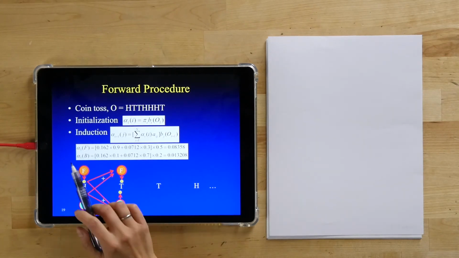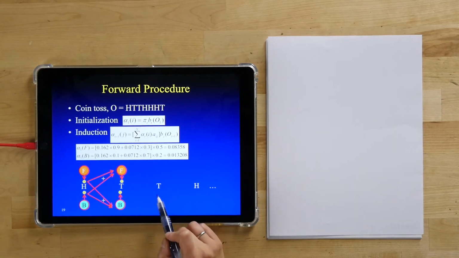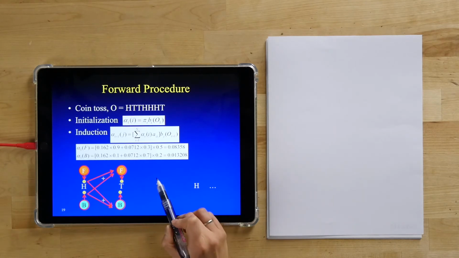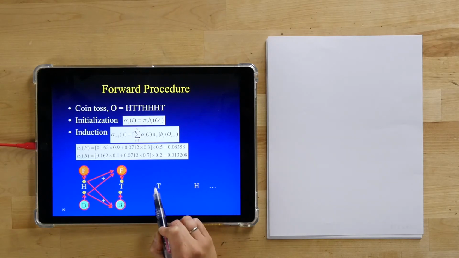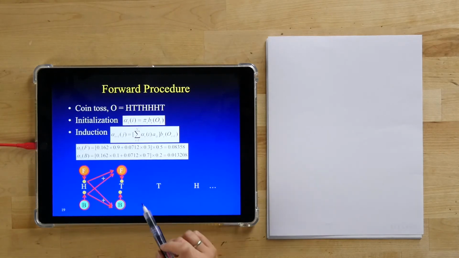And every time we try to calculate the new yellow dot, and that yellow dot means in order to see this particular coin flip as well as everything before, what is the probability I'm going to use a fair coin now?